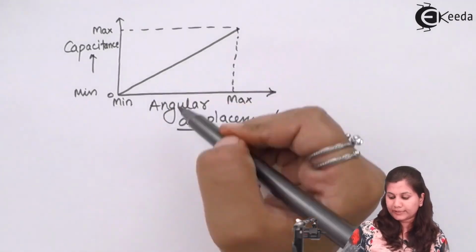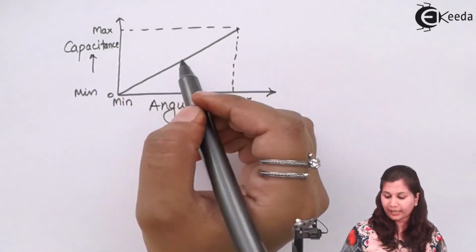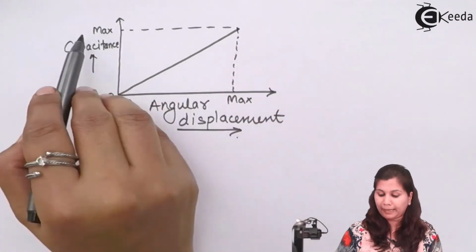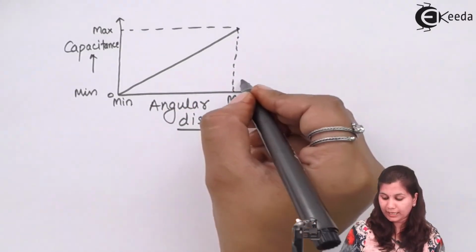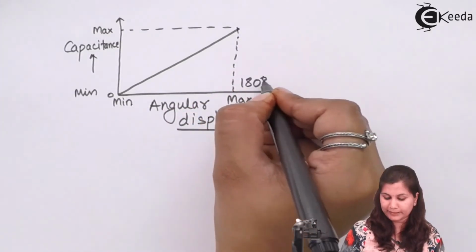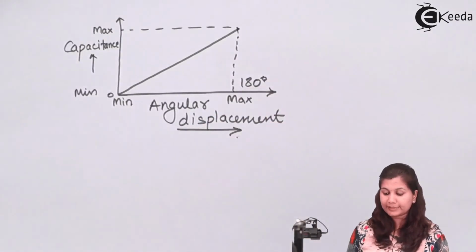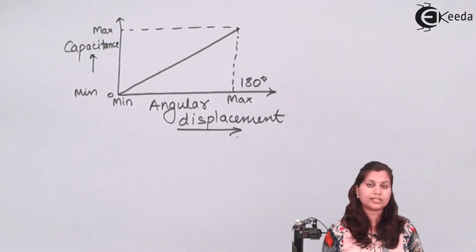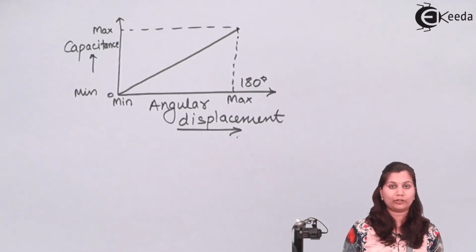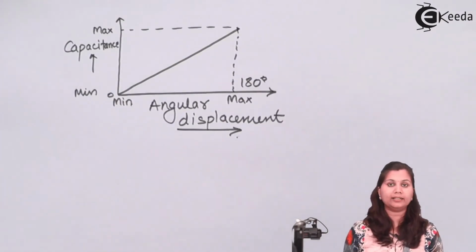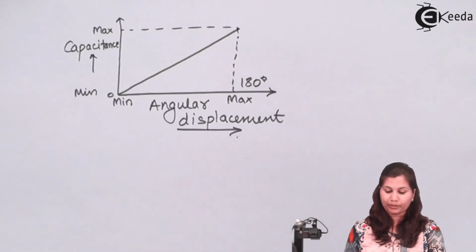The angular displacement and capacitance have a linear relationship. Maximum capacitance will be measured at the maximum angular displacement of 180 degrees. So you can see that this type of capacitive transducer can be used for the measurement of angular displacement up to the angle of 180 degrees.